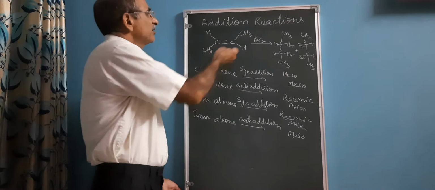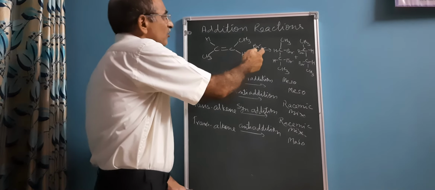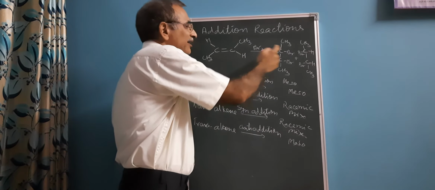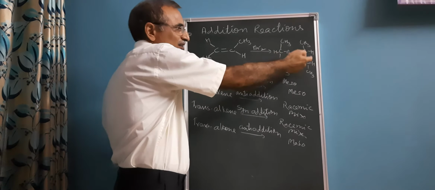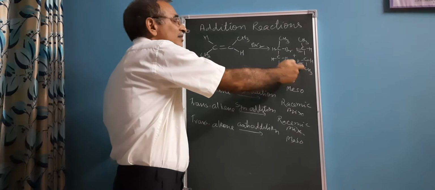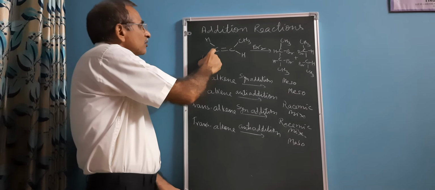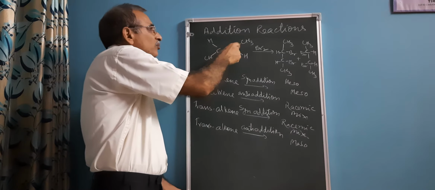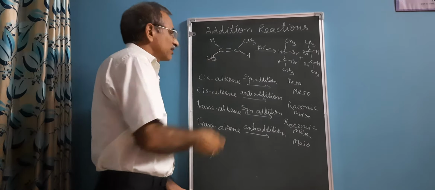Now in case of trans, when bromine is added, there is formation of the meso form. Either this product or this product, both are the same. This is meso, due to these two methyl groups forming a trans structure.